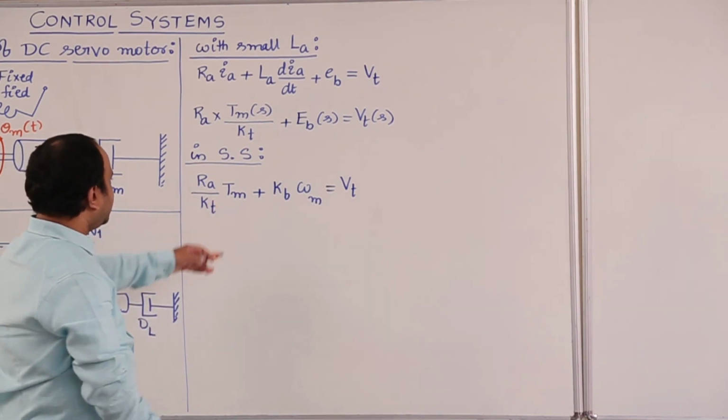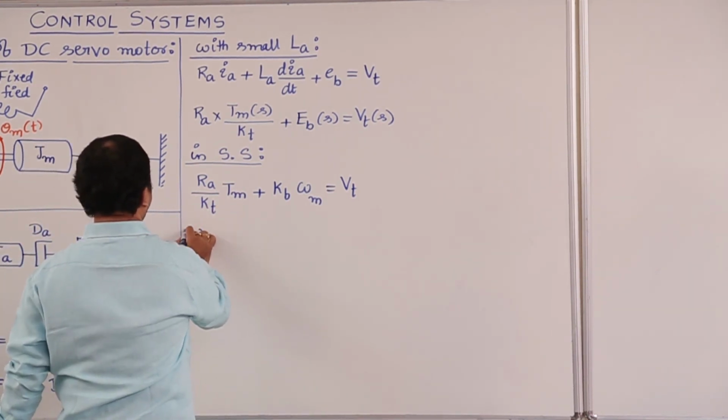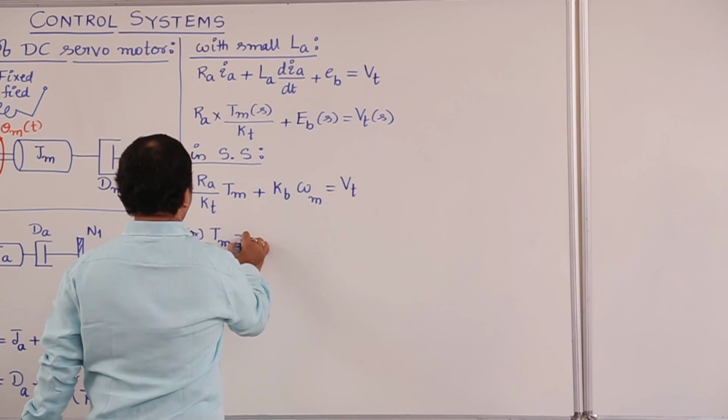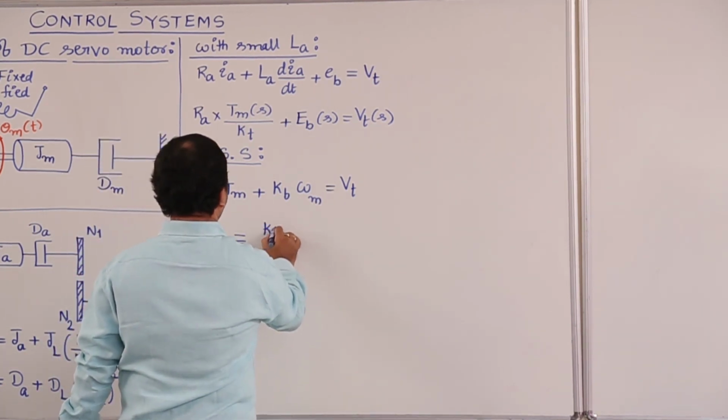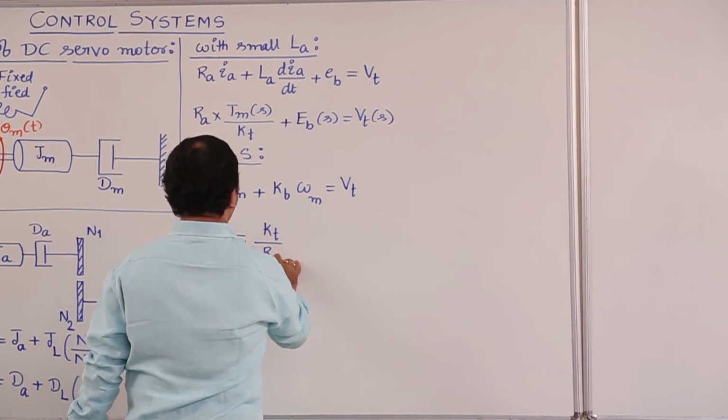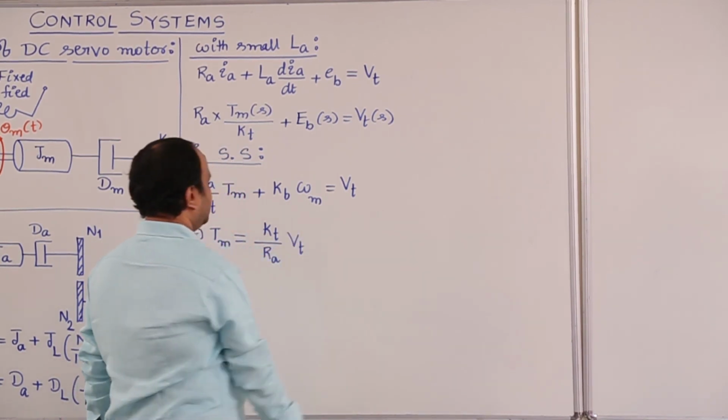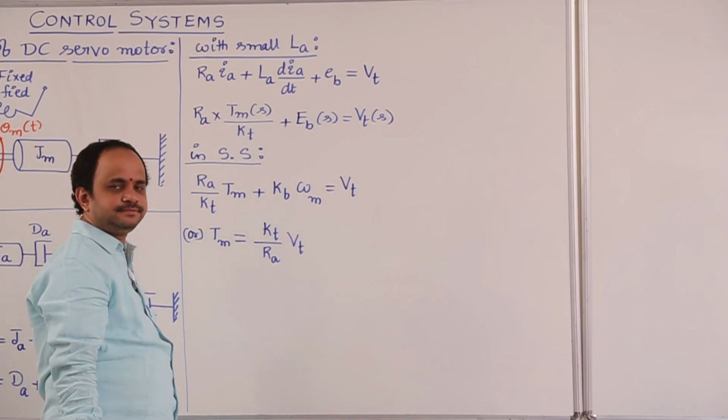Now we can rearrange this equation as Tm is equal to Kt by Ra multiplied with Vt.